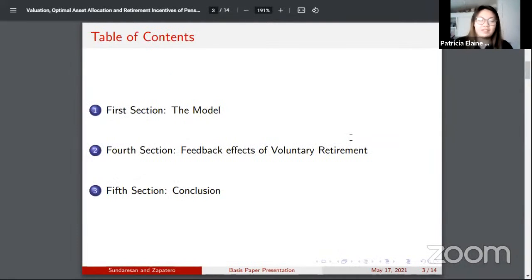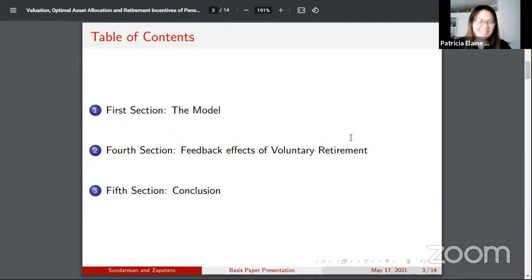So there are actually 5 sections in this study. However, I will only be focusing on the following sections. So the first section, which describes the model and introduces some assumptions which were used in the analysis in the succeeding sections.